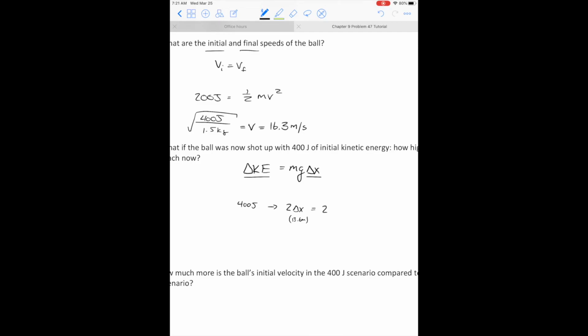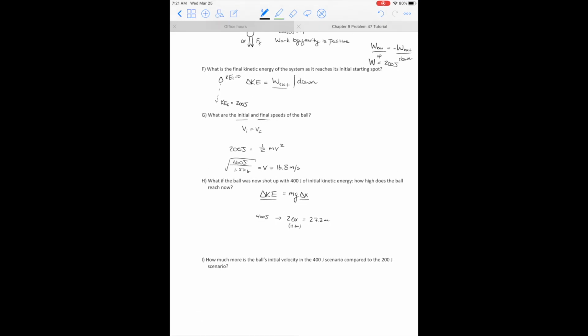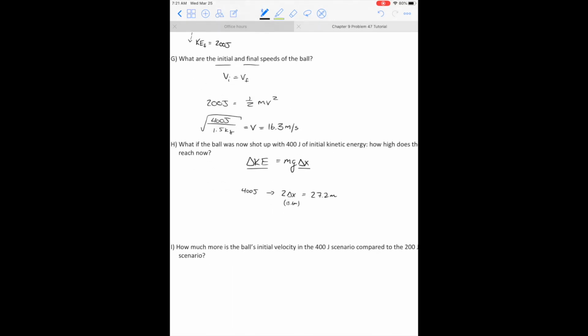So that gives us what? 27.2 meters in height. You could recalculate this if you want, but this is almost a conceptual kind of problem of seeing if I double this, what happens to this.